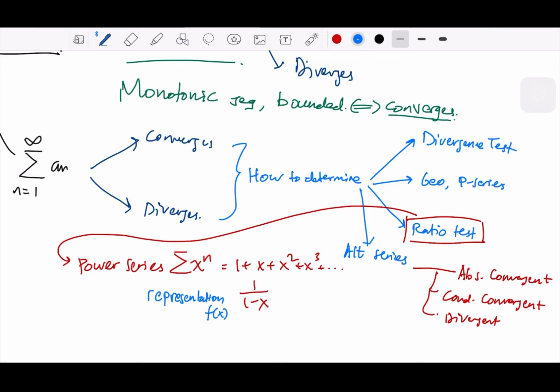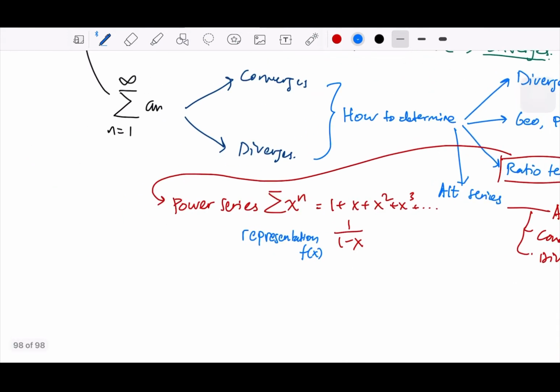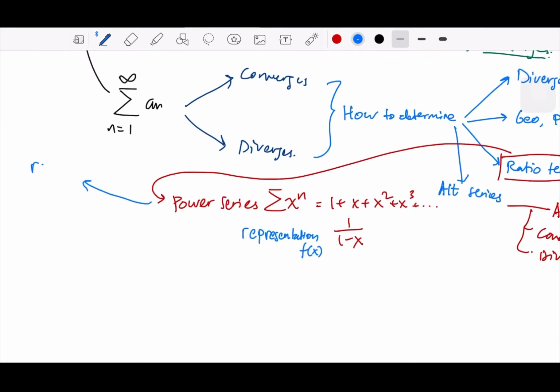Okay, it converges to 5, or 4, 2, 3. But in a power series, the convergence gives an interval, which we call the interval of convergence. So we have the radius of convergence and the interval of convergence. This is R or I.